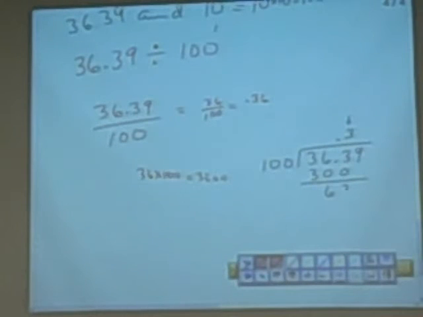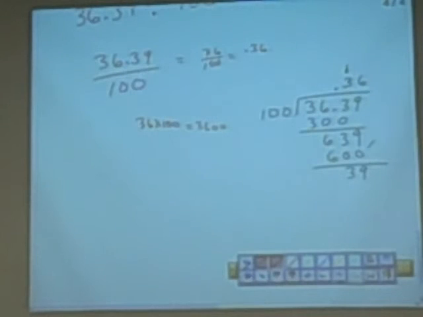And so that'd be 63. Well, 100 doesn't divide into 63, so we have to bring down the 9, right? So now 100 will divide into 600 6 times, right? And so that'll be 600. And so we bring down the 39.